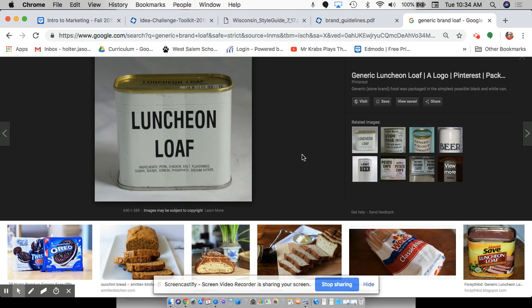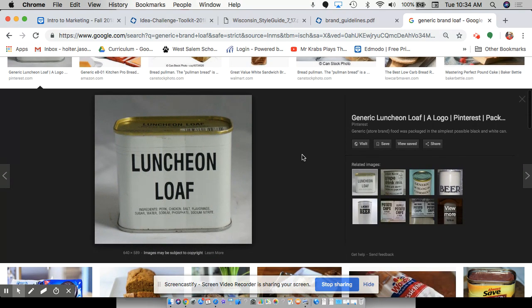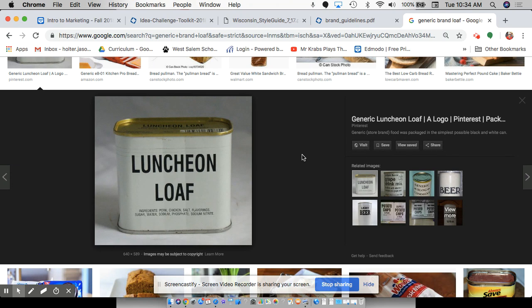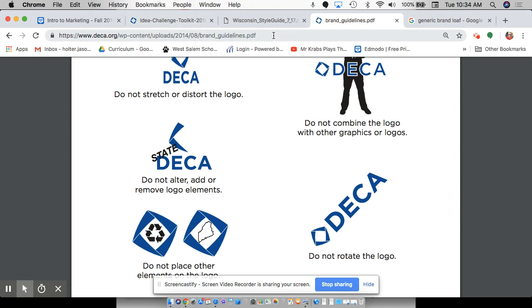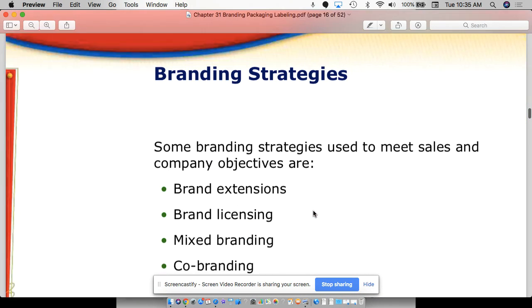That is what generic actually is. So, yes, it looks like this. Anybody know what Lunch and Loaf is? Spam. So that's what generic brands look like, and it might be any product that you could think of. They're going to be really, really cheap because they don't spend any money on making the packaging look good. So that was generic brand.